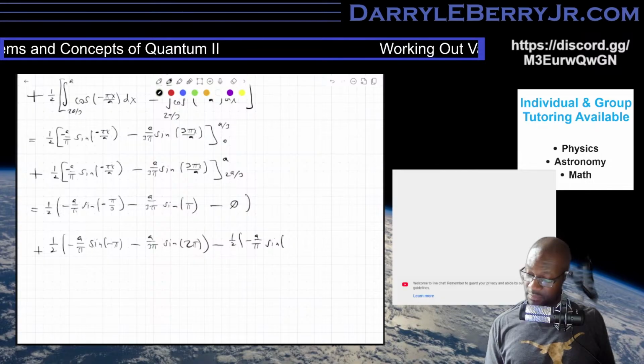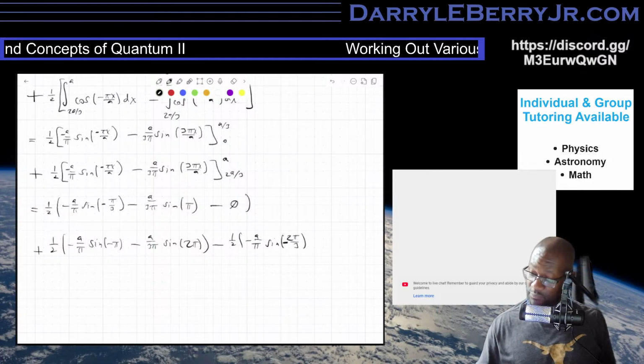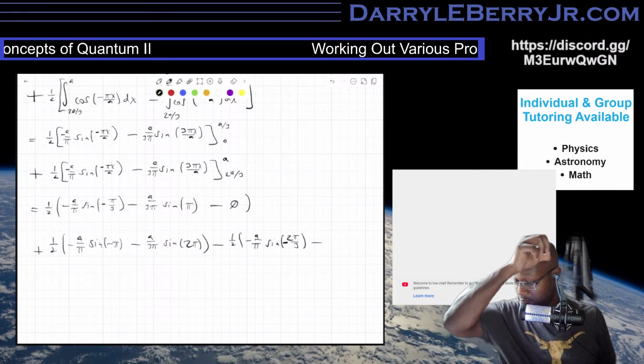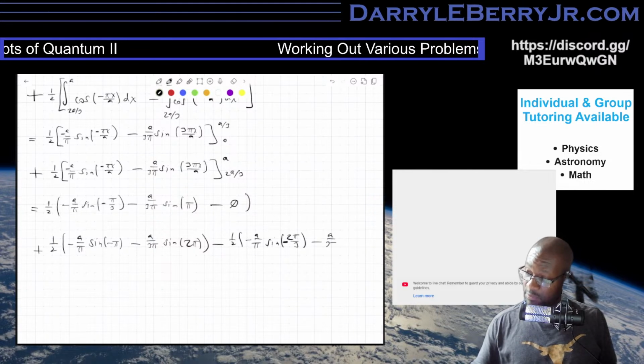So the a cancels, 2 pi over 3 with a negative, minus 3 over 3 pi sine.